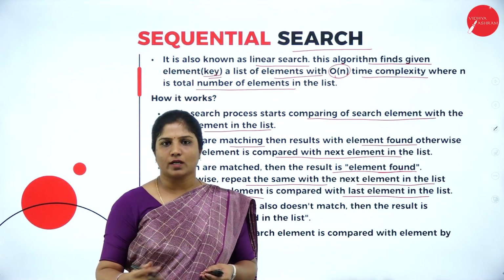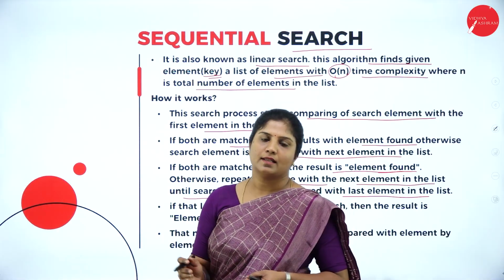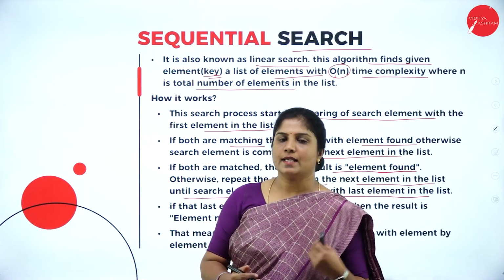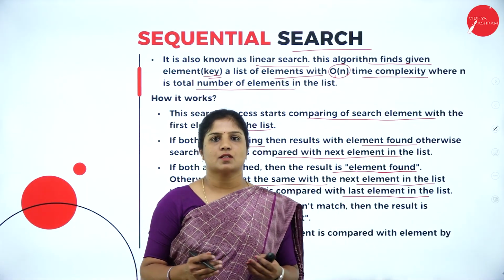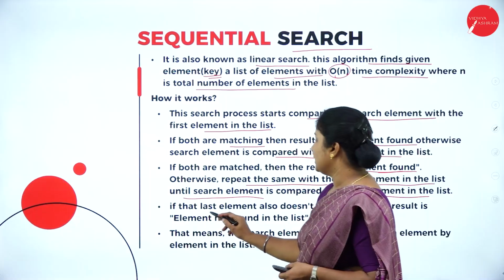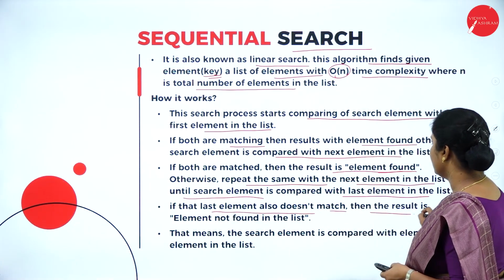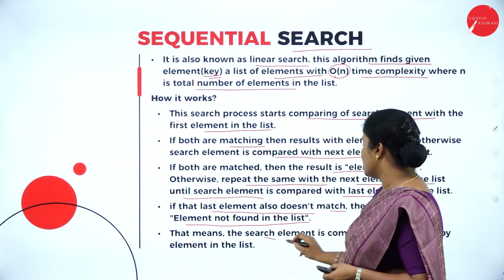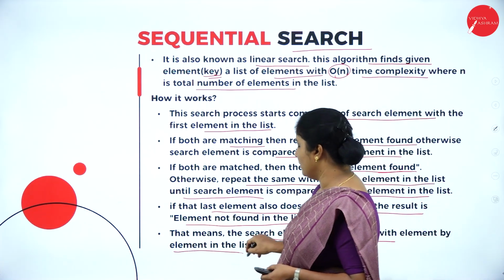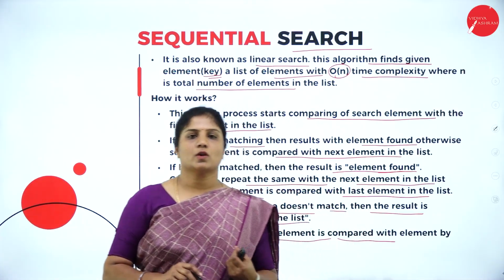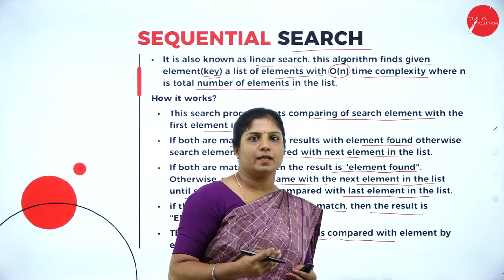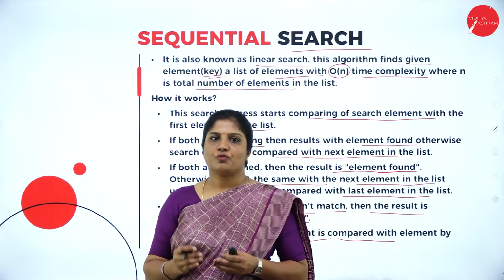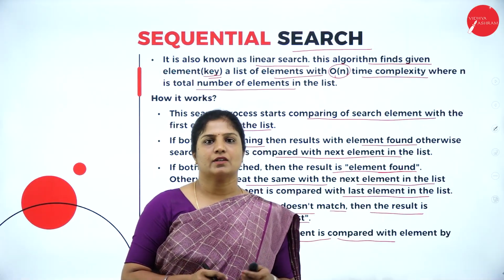If the key element is not present anywhere in the list, then it gives the output element not found in the list. That means the search element is compared with the elements one by one. In searching algorithms, each and every element is compared with the key element to find where the key is present in the given array.